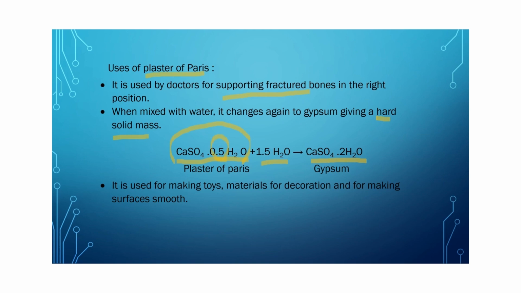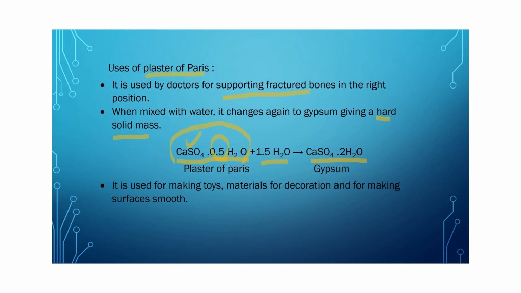How is it possible? 0.5 water molecule basically means that for every 2 molecules of calcium sulfate, there is 1 molecule of water present. For every 2 calcium sulfate molecules, there is 1 molecule of water, and that is why it is written as calcium sulfate dot 0.5 or half water molecule.